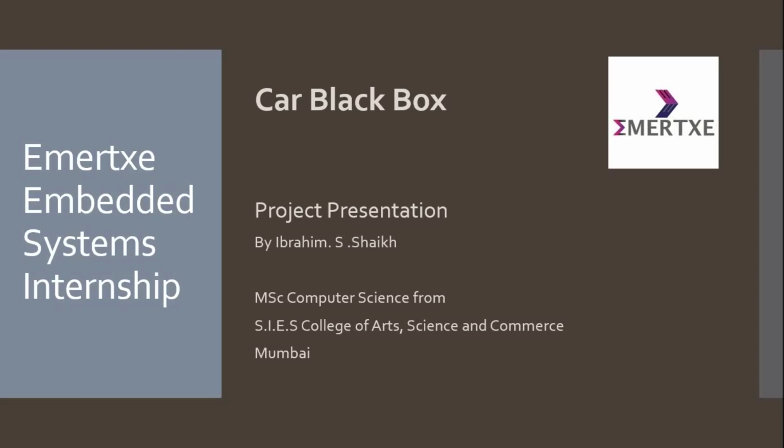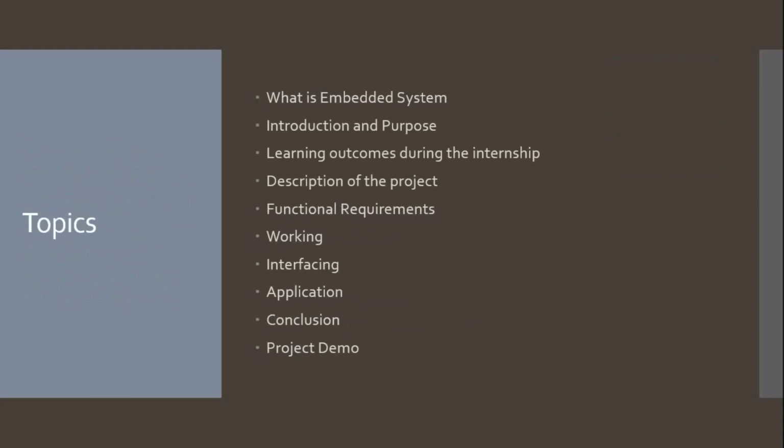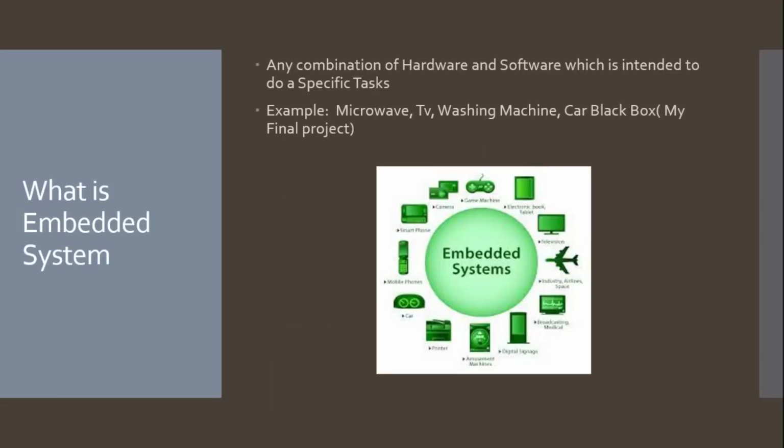So let's proceed ahead. The topics which we are going to discuss in this video are: what is an embedded system, introduction and its purpose, learning outcome during this internship, description of the project, functional requirement, working, interfacing, application, conclusion, project demo. So let's move ahead and see what is an embedded system.